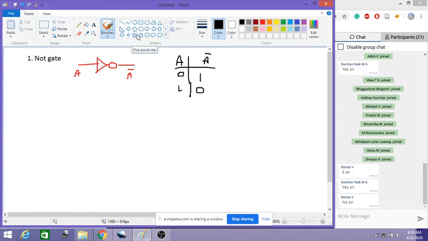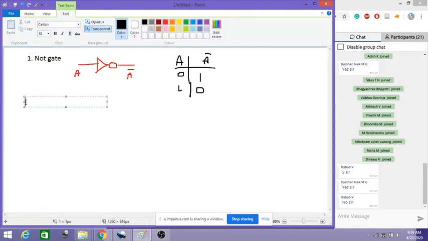The AND gate performs the logical AND operation. It's something like a product, but not exactly, so it is better to call it the AND operation itself. The second one is the AND gate.